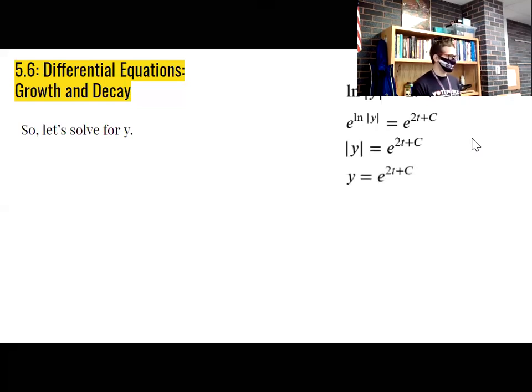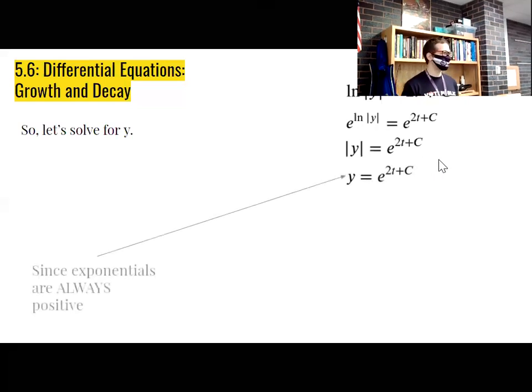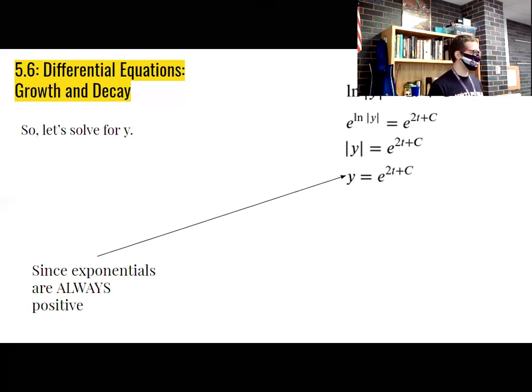Now I'm going to rewrite it without the absolute value, because exponentials are always positive, so I don't need to worry about keeping the absolute value of y. If I didn't have an exponential on that side, that would be a cause for concern, and we'd have to consider the situation. We always need to consider whether it should be there or not, and take an extra step if we want to remove it.